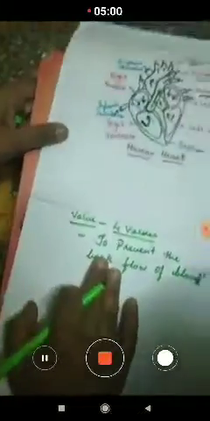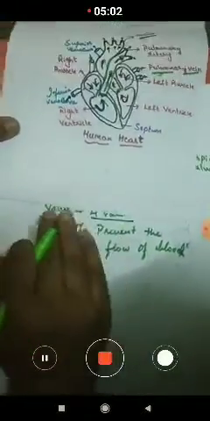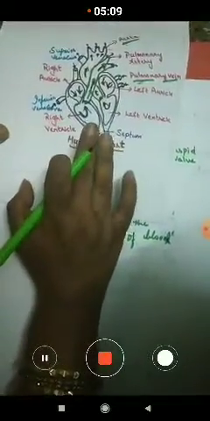Again, from the left ventricle to the aorta, it cannot come back to the left ventricle. So from this, what have you learnt? We learnt that the 4 valves present here are very important in the pumping of the blood, and they prevent the backflow of blood.